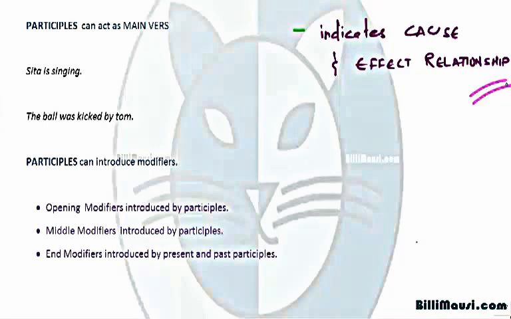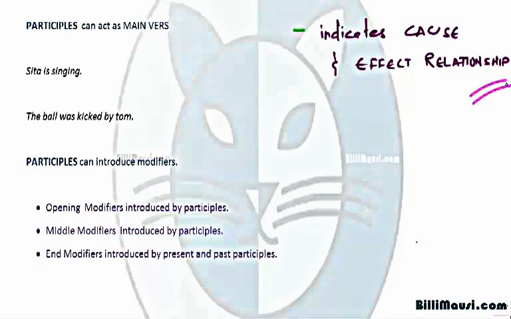Whenever a participle is assisted by an auxiliary verb or is preceded by an auxiliary verb, it functions as a verb. For example, has been playing or has played. In this case, it is behaving as a verb.